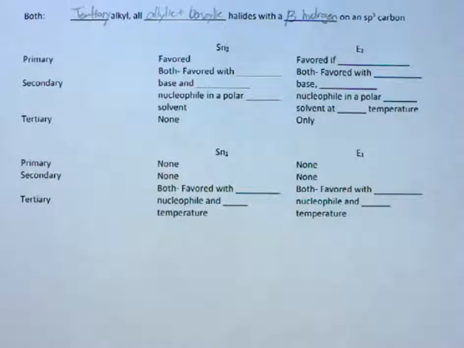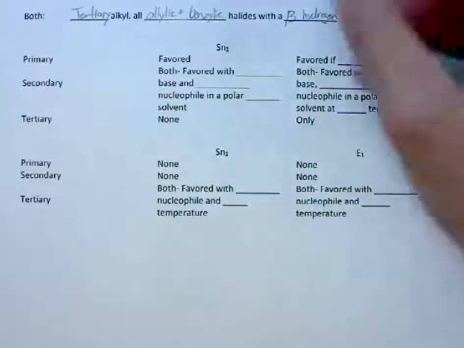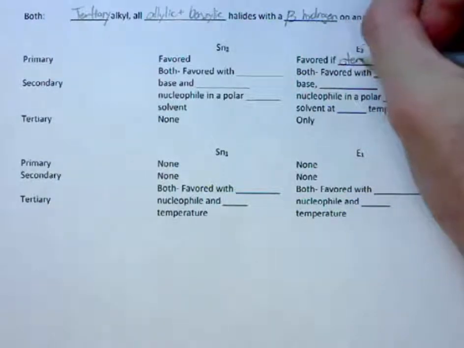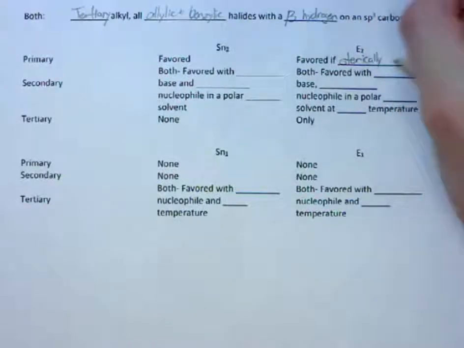Now the difference between SN2 and E2 is with a primary alkyl halide, you will get SN2. However, if you have sterics involved, you will get E2. For secondary, you're going to get both SN2 and E2.